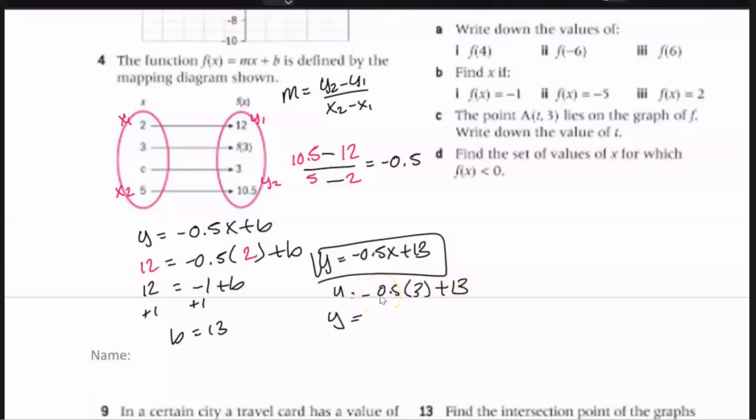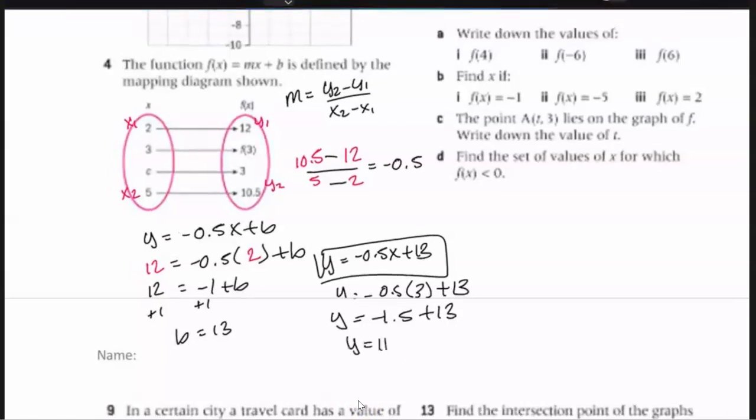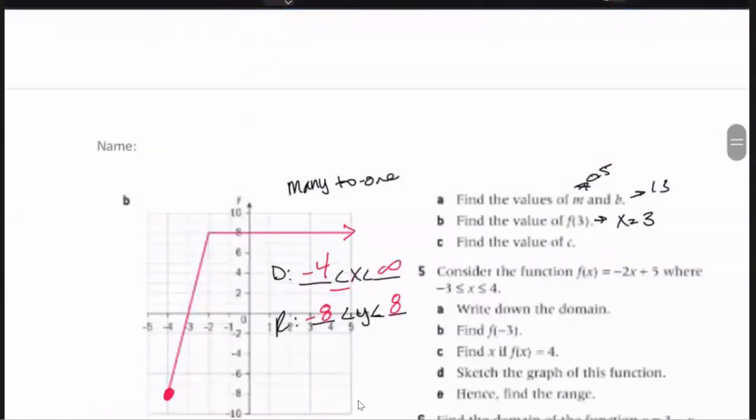So you'll have half of 3, which is 1.5, and that's going to give you a negative 1.5 plus 13, which is really 13 minus 1.5, which is going to give you 11.5. So your answer is 11.5. So y equals 11.5 or f of 3 equals 11.5.